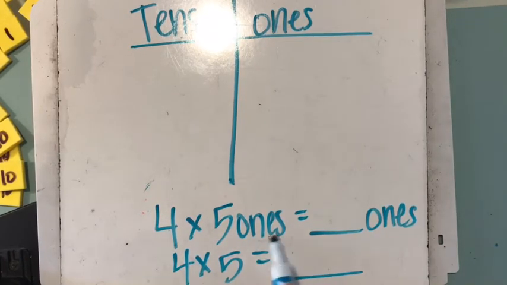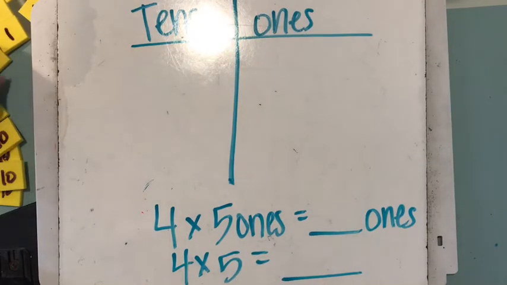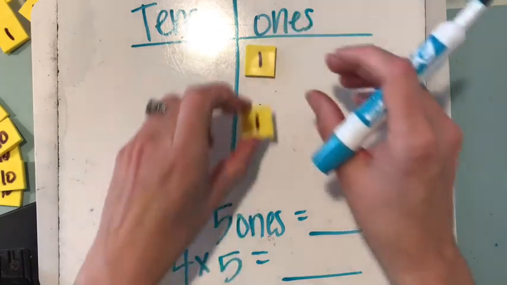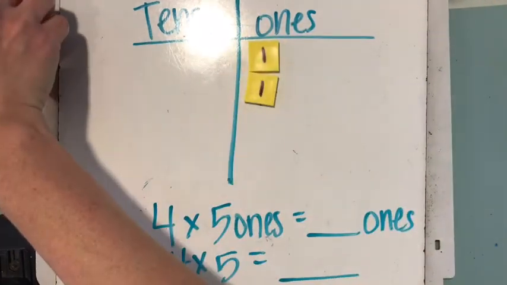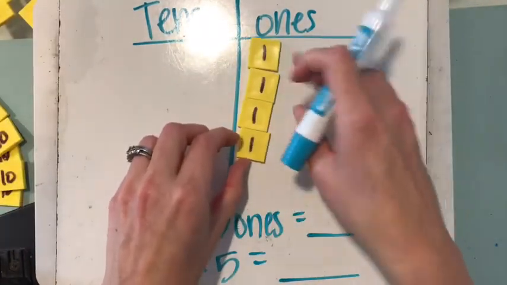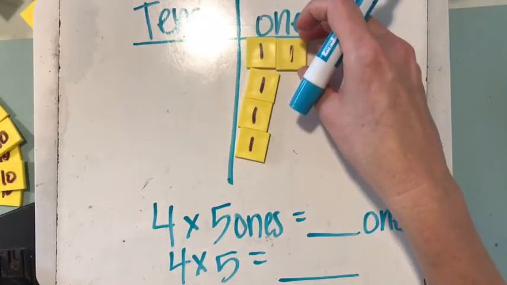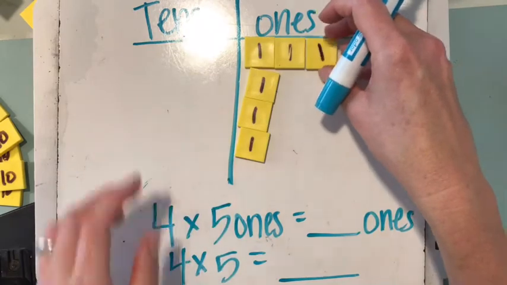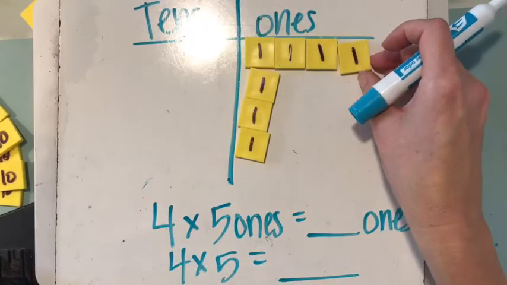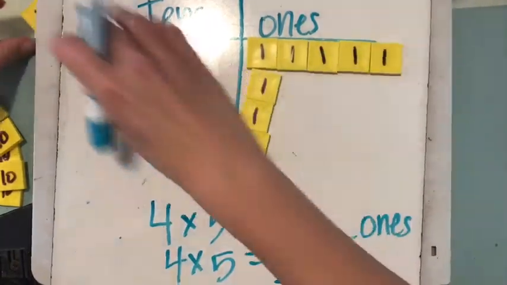Okay, so my units I'm working with are my ones. So I need to get my ones discs. And I have 4 rows of 5, right? 1, 2, 3, 4. And then I have 5 ones on each row. I hope I have enough ones.